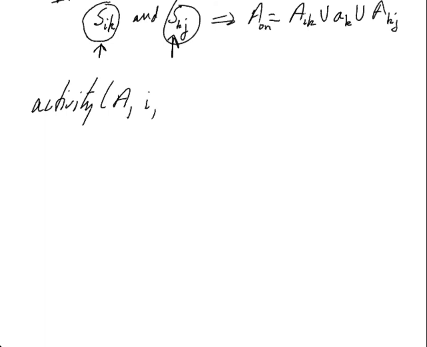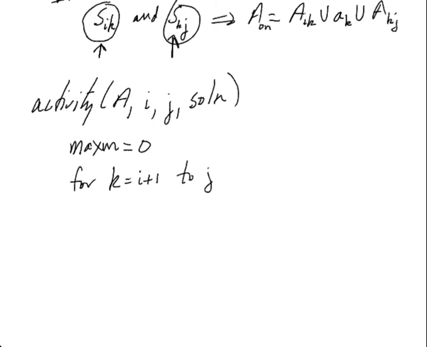We're going to have an array of activities. We're going to have i, j, and some optimal solution. So let's set some max n value to 0. Then we'll look at every k and we'll say n equals the activity. So now we're doing the subproblems, passing the array.